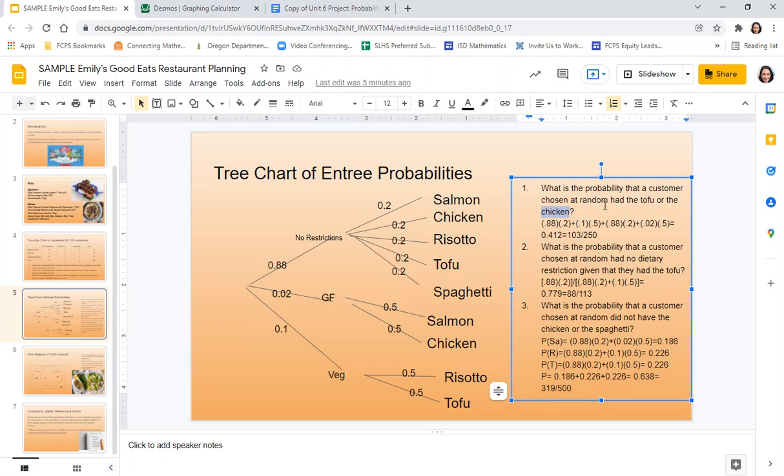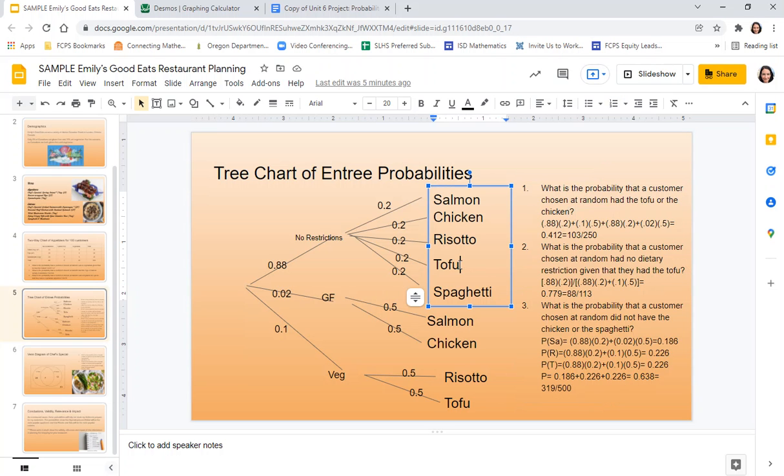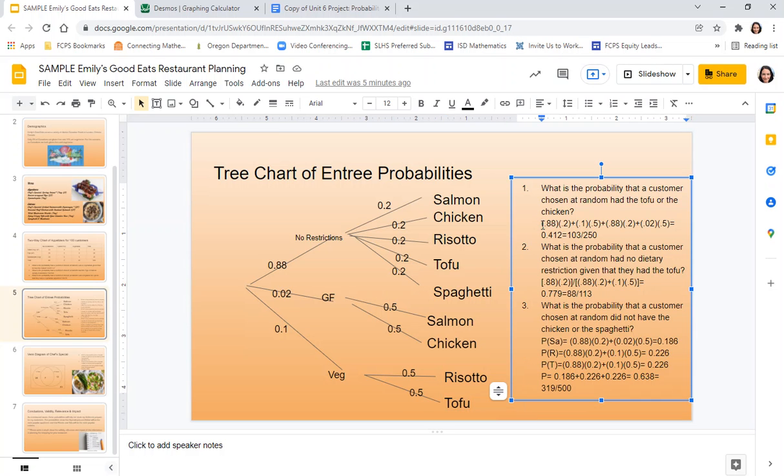So this is the probability I'm finding: the probability that a customer chosen at random had tofu or chicken. For the probability that a customer had tofu, there are two places where you could have tofu: no restriction tofu and vegetarian tofu. For no restriction tofu, I multiplied the 88% times the 0.2 for salmon.